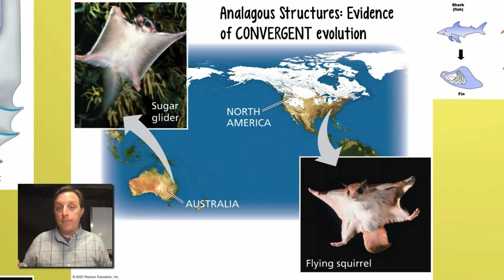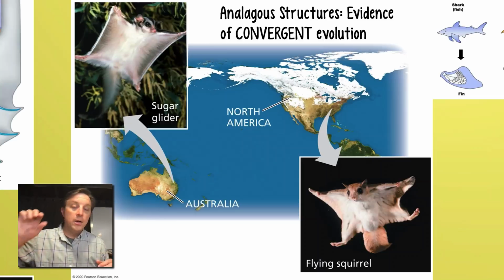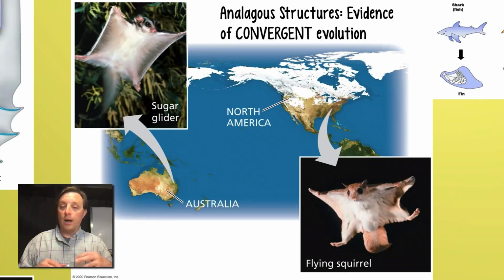So they come up with the same kind of solution to their evolutionary struggle, and this is why we call it convergent evolution. So we see an example here, the sugar glider marsupial from Australia, and the flying squirrel, a placental mammal from North America. Not very closely related, they do not share a recent common ancestor, even though they are both mammals, but anatomically they look very, very similar.